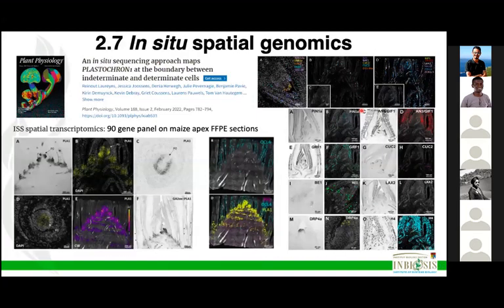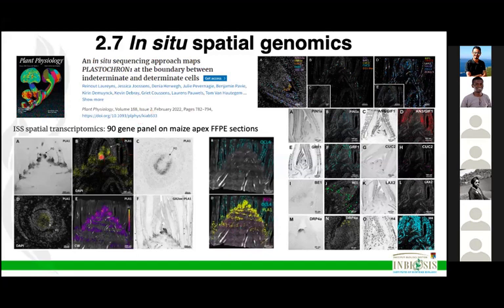Okay. So number 7, combining with single cell, you have in situ spatial genomics. This means that you can actually study the gene expression on the tissue itself, on which tissue, where the tissue expresses it. So for example, this study used an in situ sequencing approach for Plastocon 1, together with 90 genes in the panel, doing the sequencing on tissue sections.